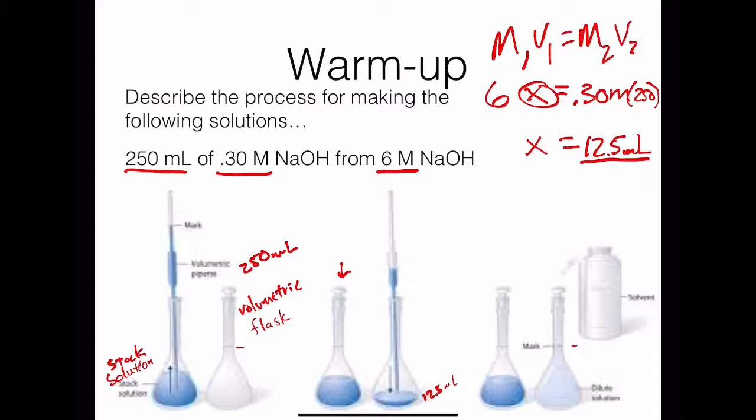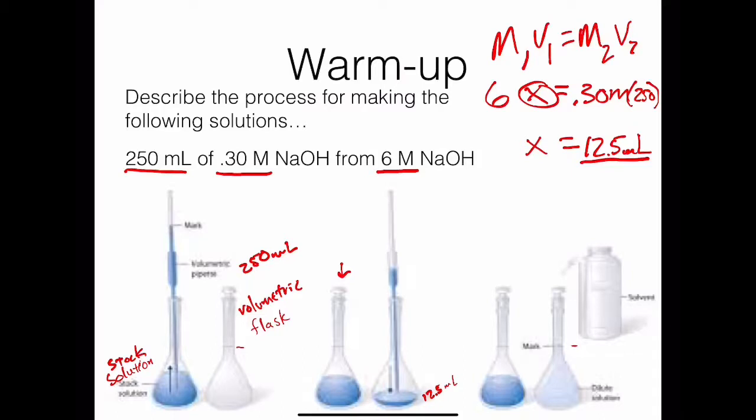And when I do that, I know I will end up with exactly 250 milliliters of solution, and I will have it diluted to the appropriate molarity as my calculation told me I needed to do. So the first thing you're going to do is dispense your stock solution, the amount that was determined in the calculation, and then you're going to fill to the line with distilled water.